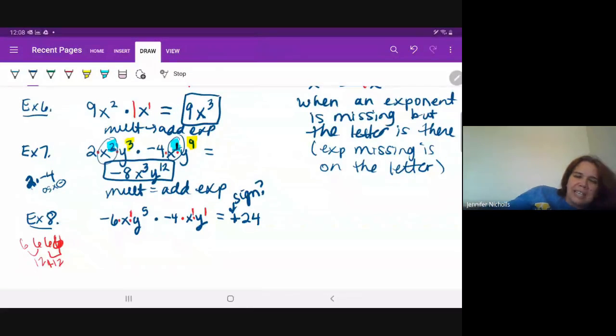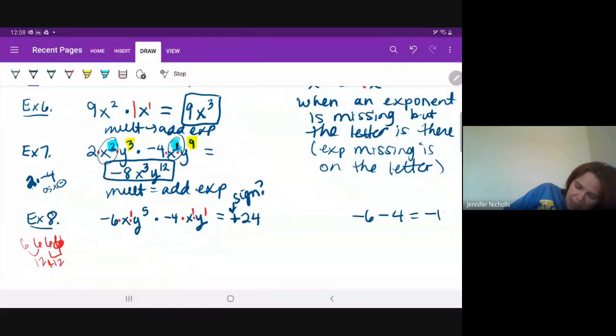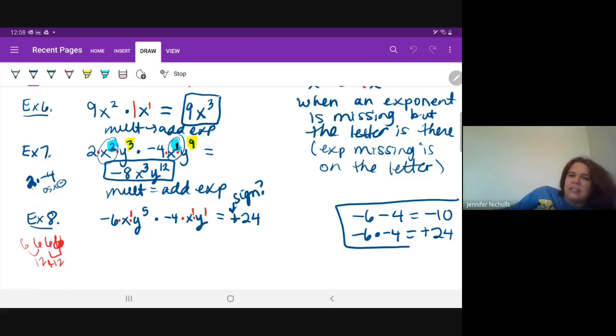Because sometimes you forget to ask yourself and then you get the wrong answer. Now, over to the right, -6 minus 4 is -10. And -6 times -4 is positive 24. It's very weird for our brains to think that down, down is more down. But when you're multiplying, it's same signs is a plus.